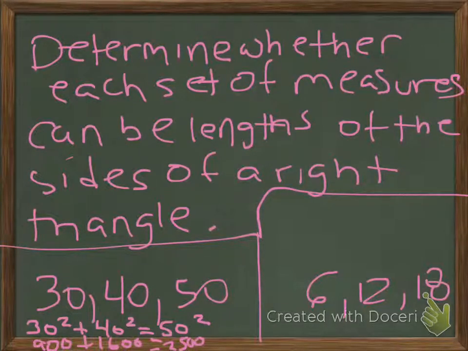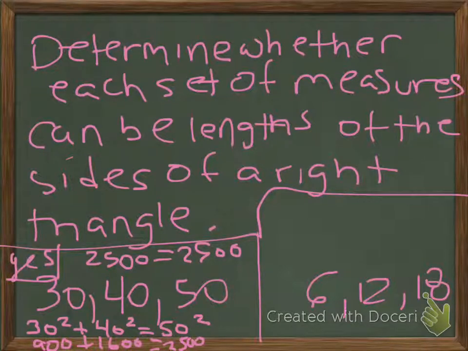Is 900 plus 1600 equal to 2500? Yes, 2500 equals 2500. So you can say yes here, this is a right triangle.